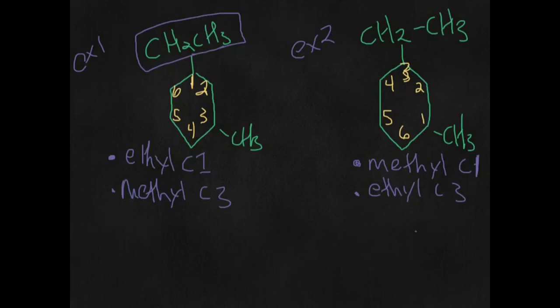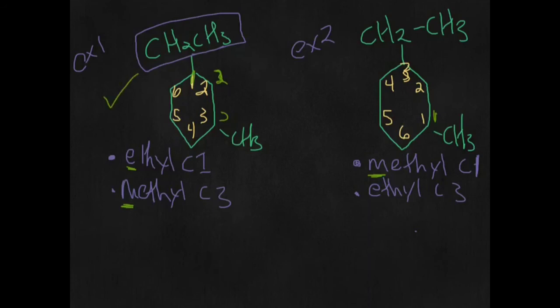That means that E comes before M, and so that's why we wanted to start with our ethyl group as 1, and then go around as 2, 3, etc. And over here, our methyl group is located at carbon 1. If we all know our alphabet, M does not come before E; E comes before M. So we know that example 1 is correct.